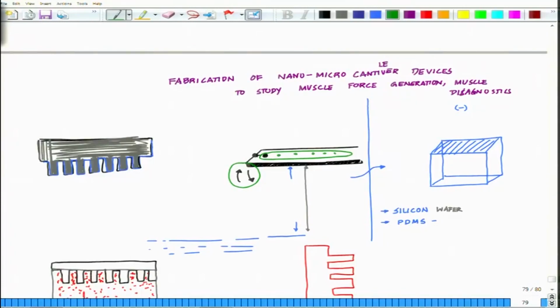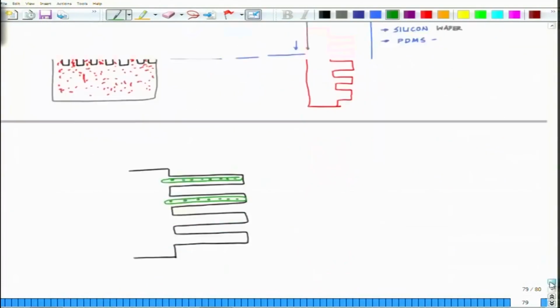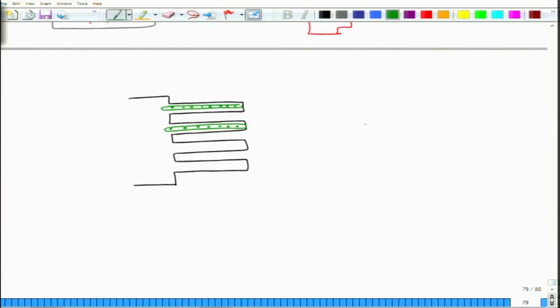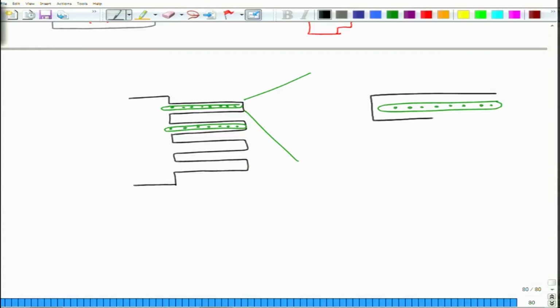Now, if you could make an arrangement something like this, say for example, I am just taking one cantilever into the picture for the diagnostic purpose. So for example, this is a myotube on top of the cantilever, and this is the cantilever. Now, this cantilever is vibrating at a particular frequency. Fine.